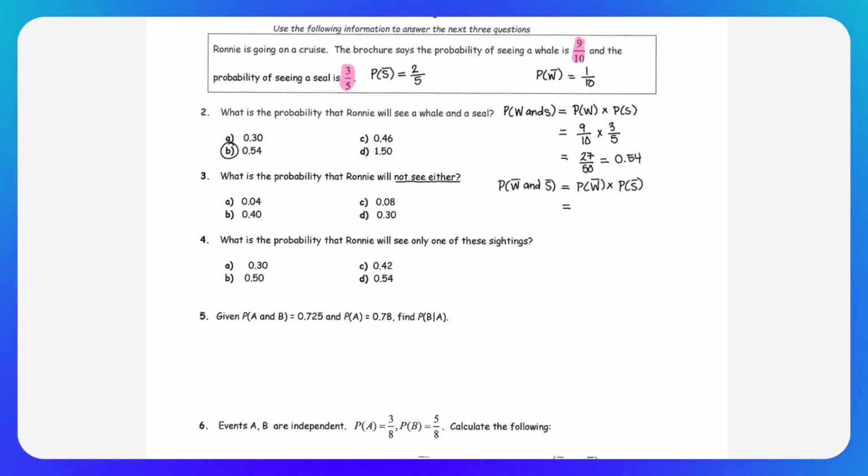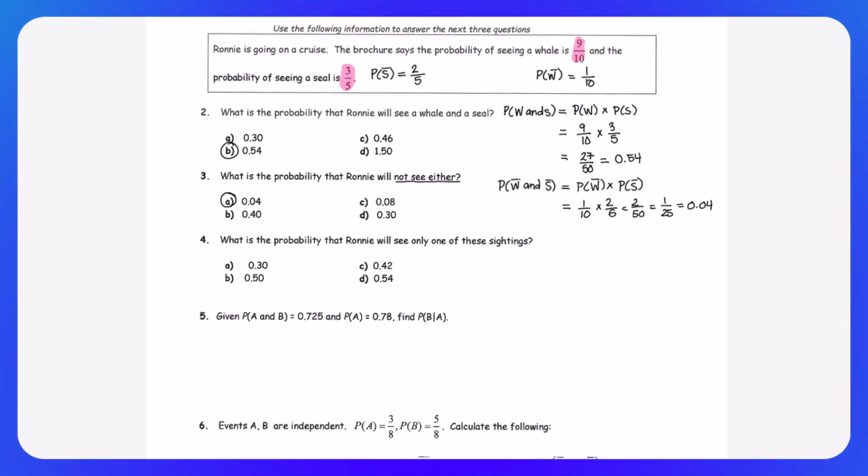So in this case, we have 1 over 10 times 2 over 5, which gives us 1 times 2 over 10 times 5, which is 2 over 50, but they're both even numbers. So we can reduce this down to 1 over 25. And as a decimal, we get 0.04. So we got A. Now the last one.